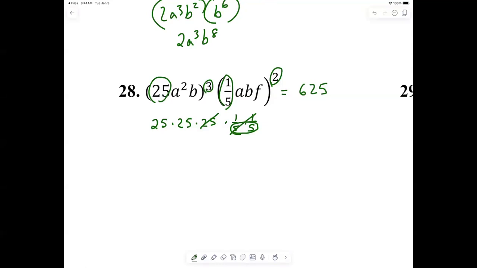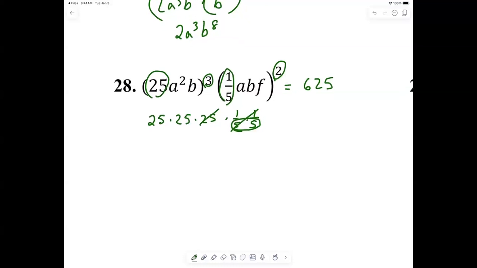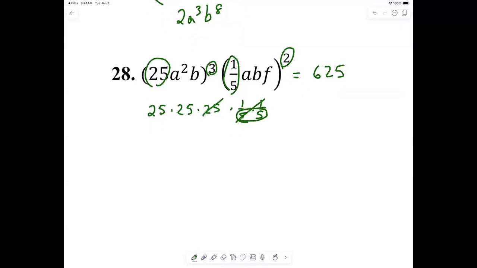Now, if you have your calculator handy and you want to practice, you can type in 25 cubed times 1/5, type in the fraction 1/5 and hit squared, and tell me that it's 625. All right. So now that we have that number over here, a squared cubed is going to be how much?